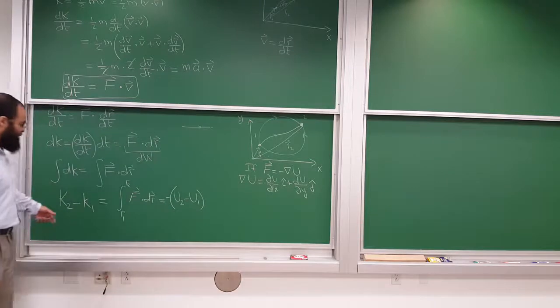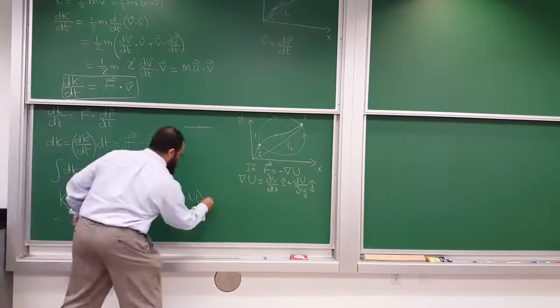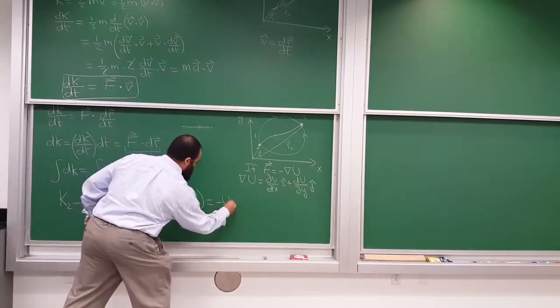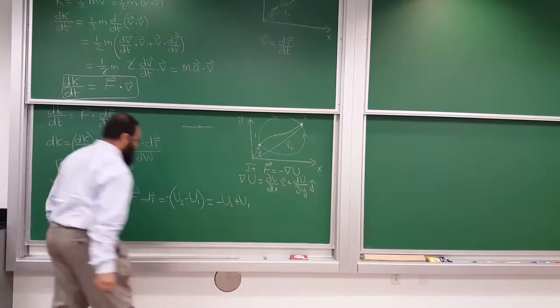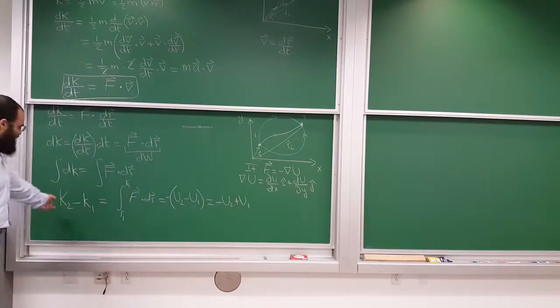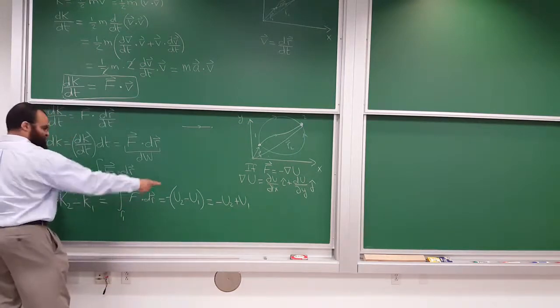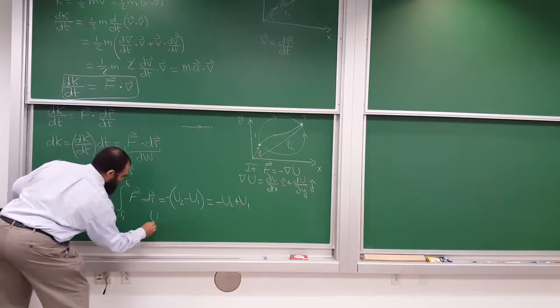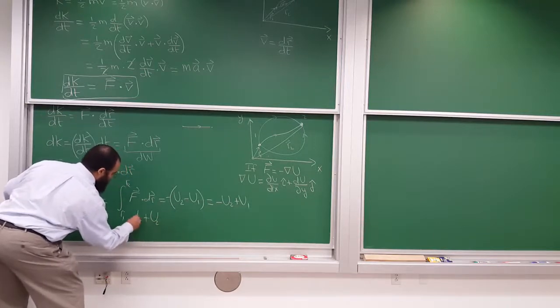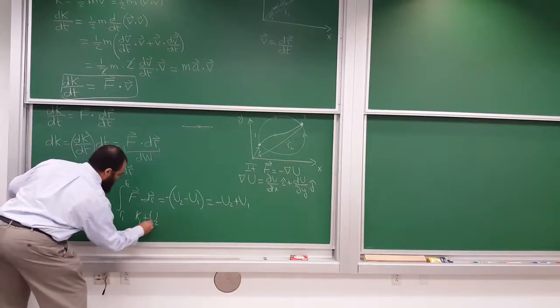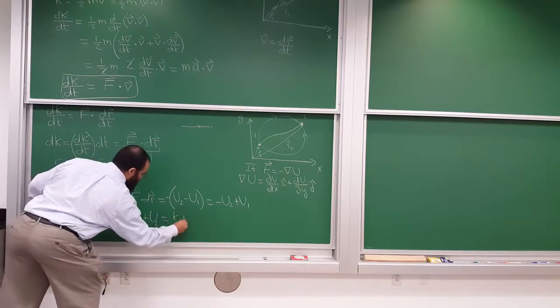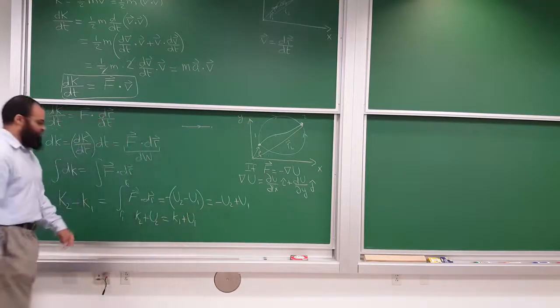And now you can get a conservation, because if you group the 2's together, you'll have K2 plus U2 will equal K1 plus U1.